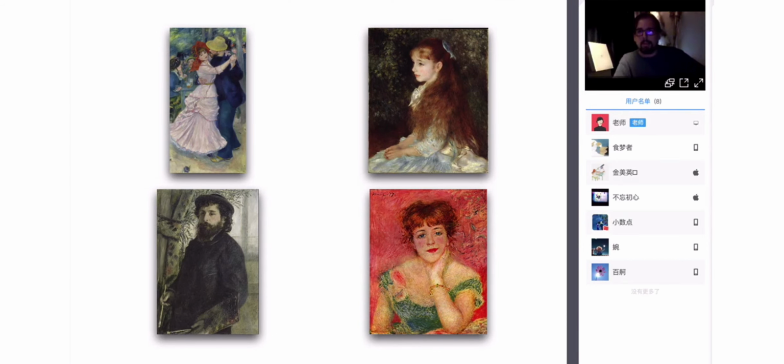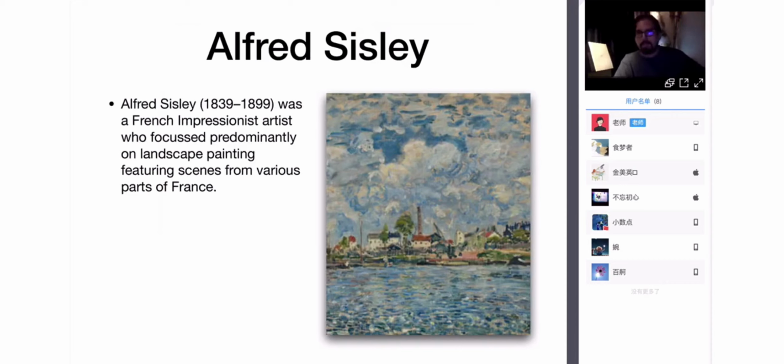So a lot of portraiture. The bottom left is Monet, his friend, Claude Monet. That's a portrait of the artist Monet there. That's Renoir. Sicily, lesser known. I don't think many people would recognize many of these paintings, but he was among the original Impressionists.